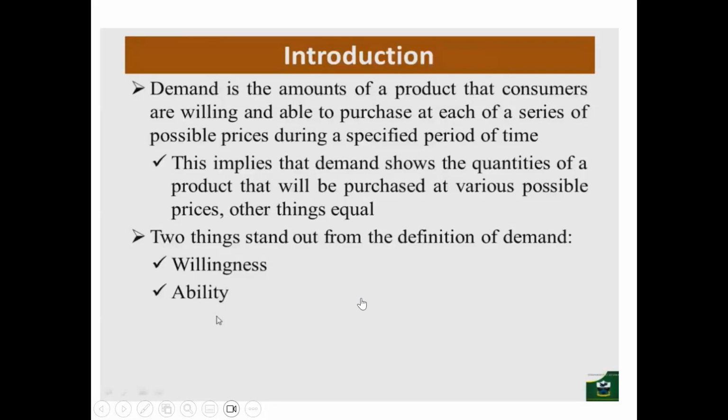If the consumer is willing but has no capacity to pay for the items, then we will not be able to define his or her demand. In the same way, if the consumer is able to pay for the items, but is not willing to get them, we will not be able to define his or her demand. In short, for one's demand to be defined, there must be willingness and ability.